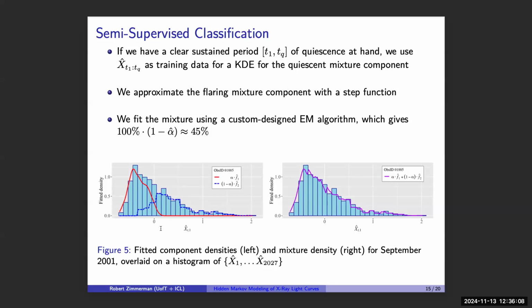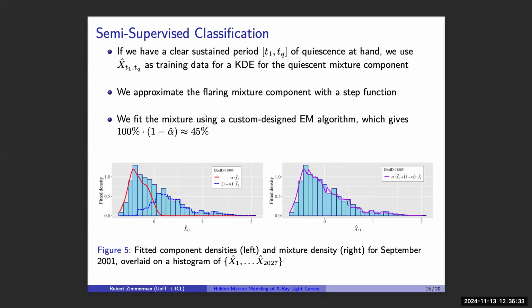Here, if you look at the left component, I'm looking at just the fitted density of these xt1s. The second component is a step function, and the one on the left, which is partially trained on the period of quiescence, is a KDE.